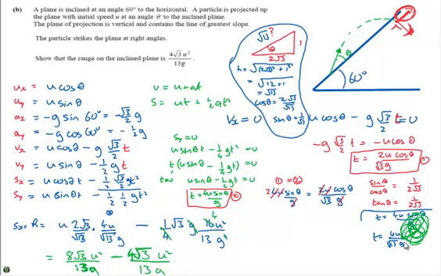So when you take them from each other, we're going to end up with 4 root 3 u squared over 13g, which is what we were looking for.